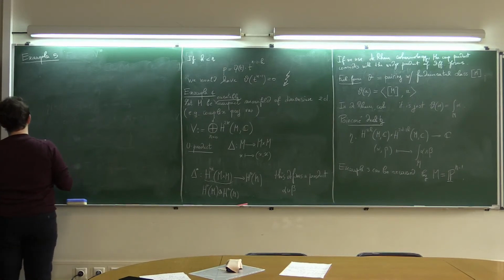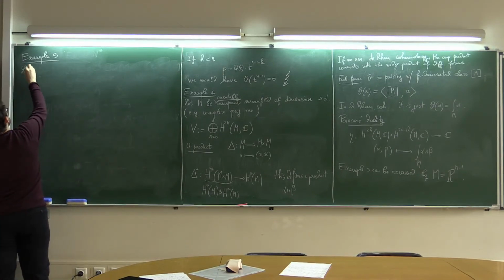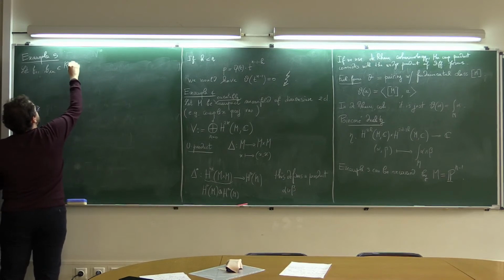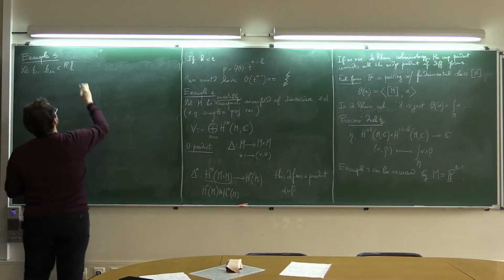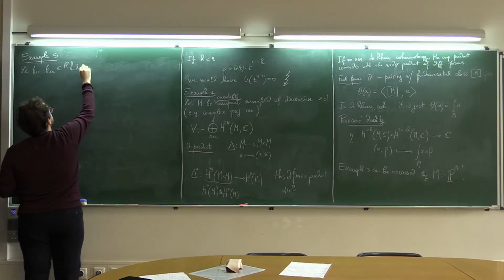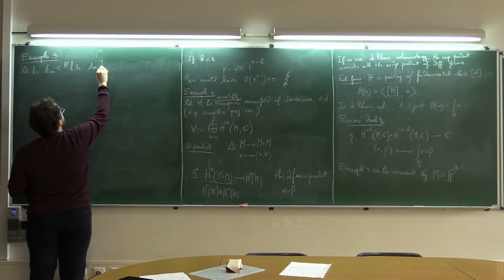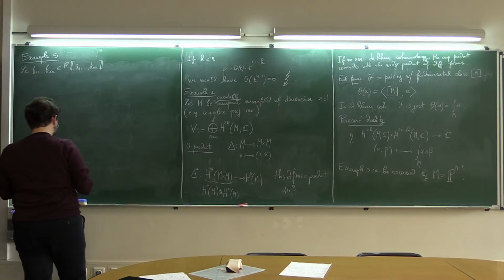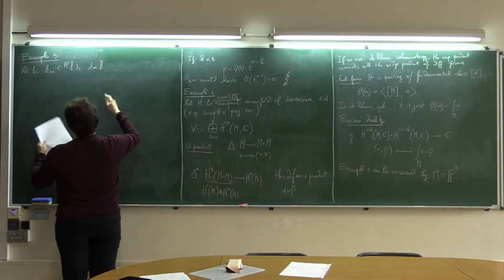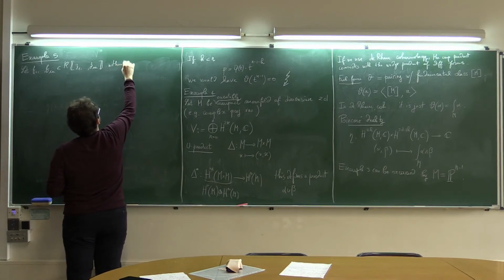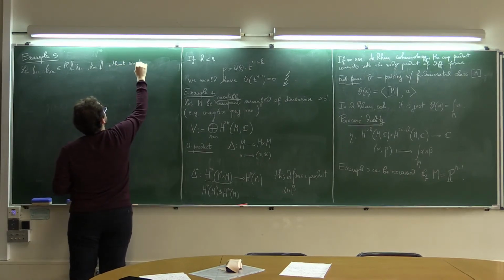So in example 5, let f_1, ..., f_m be elements of a ring of formal power series in m indeterminates, and let's assume that they are without constant term.